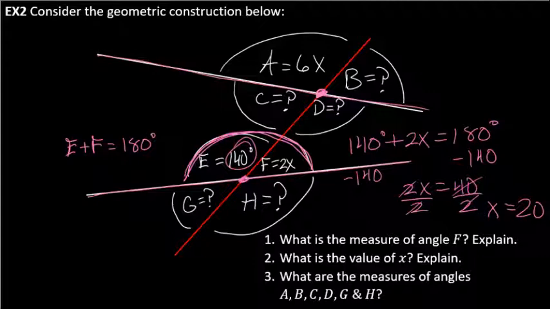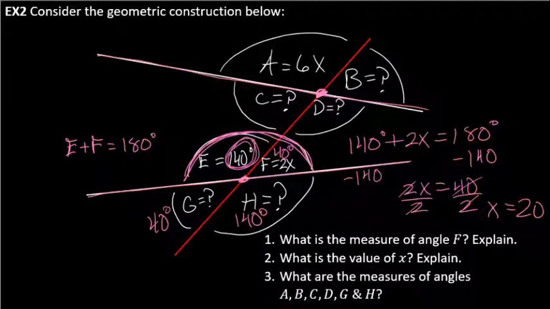Okay, so now that we know what x is, if x is 20 and f is 2 times x, that means f is 40 degrees, which makes sense because 40 plus 140 would be 180. Right? If this guy's 40, that means this guy is 40. If this guy is 140, that means this guy is 140.